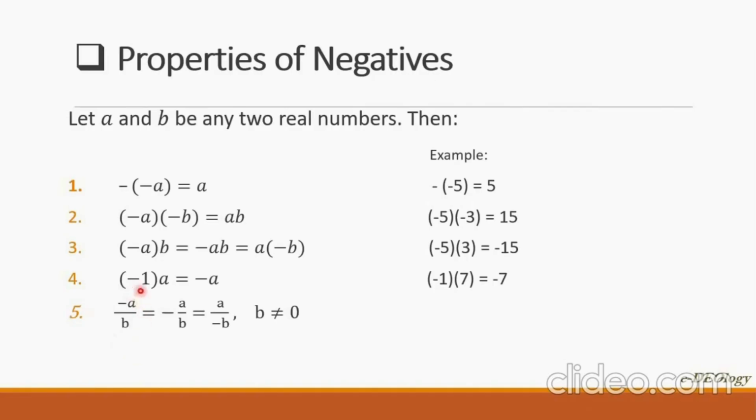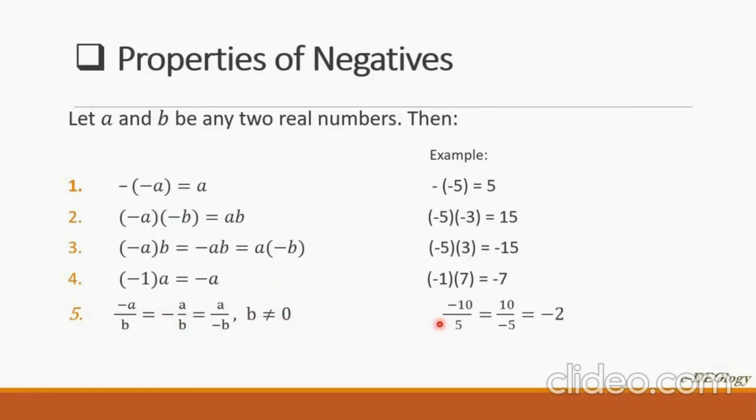See here, negative A divided by B. In this right part, it is A divided by negative B. In both cases, the answer will be negative A over B. In other words, if we're going to divide numbers of opposite signs, the answer will always be negative. Of course, there is a restriction that the denominator must not be equal to 0.